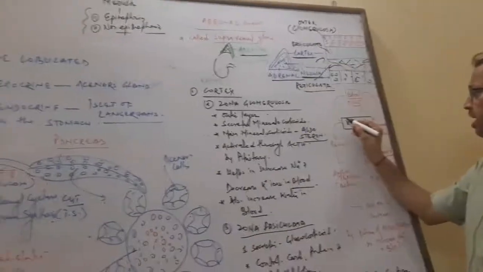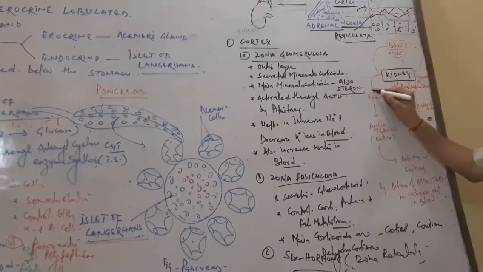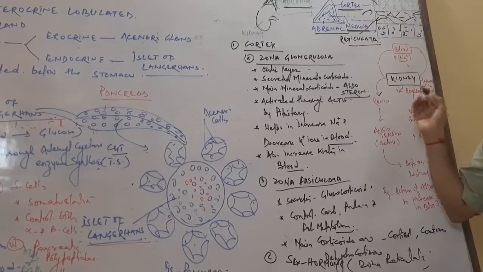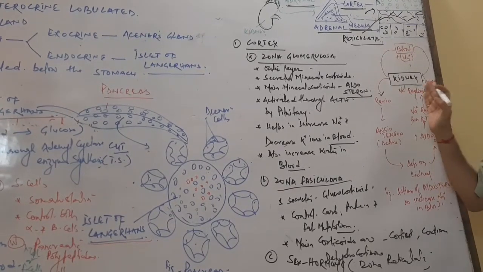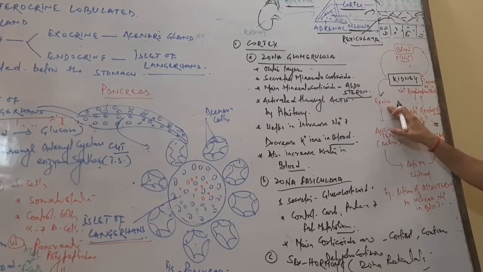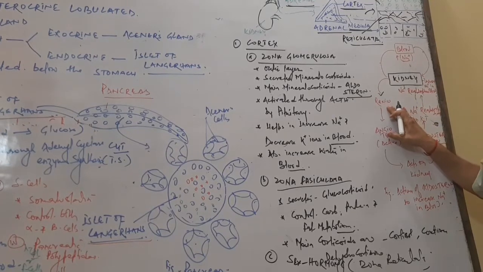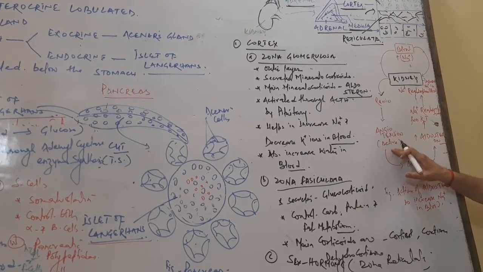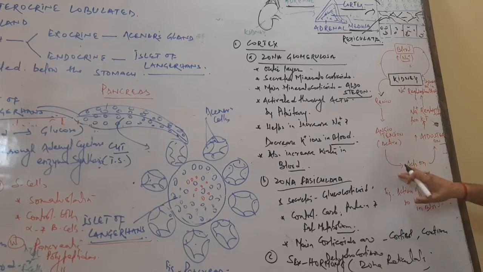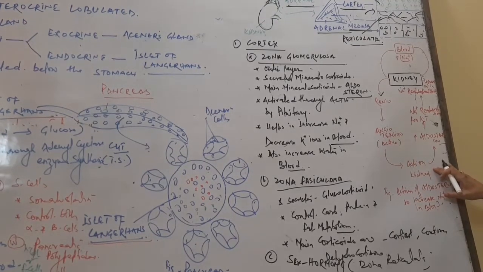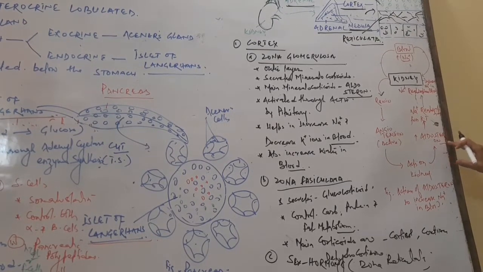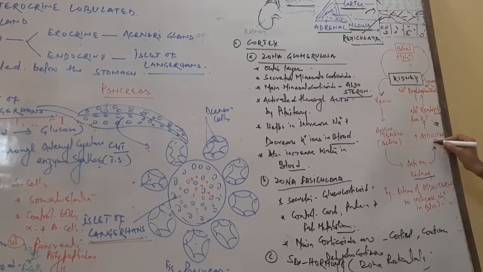Here is the kidney. As already studied in the RAS system, the kidney secretes renin when the GFR is reduced. Renin activates angiotensin, and active angiotensin acts on the distal tubules. This is the aldosterone, which helps in the sodium reabsorption process.